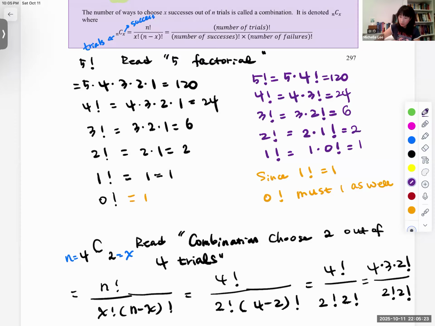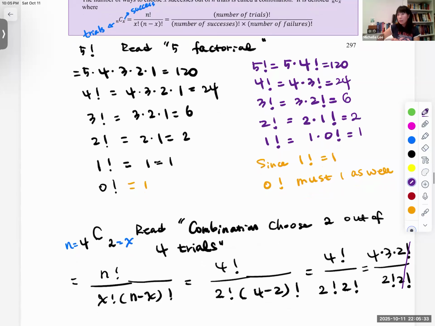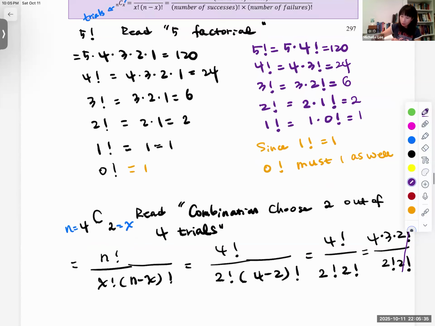Okay, now simplify. 2 factorial over 2 factorial is 1, right? And we can simplify 2 factorial, which means just 2 times 1, which is the same as 2, right?